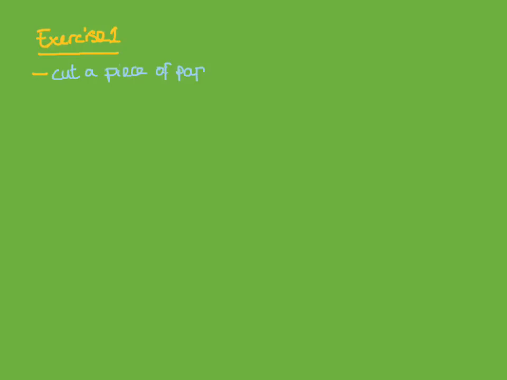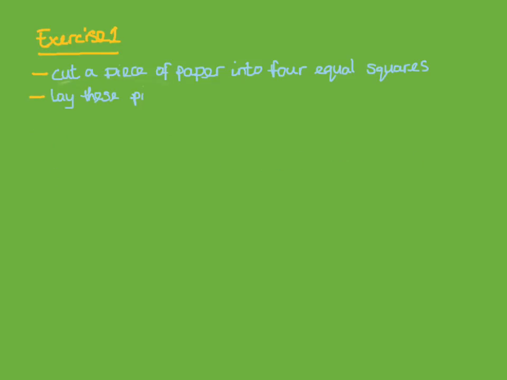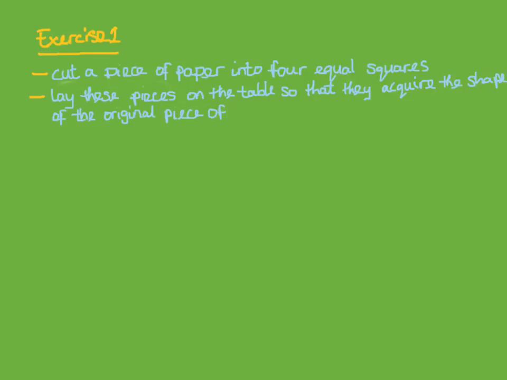Cut a piece of paper into 4 equal squares. You have the first half, the second, the third, and the fourth half. Lay these pieces on the table so that they acquire the shape of the original piece of paper.